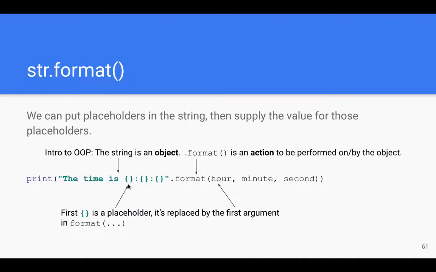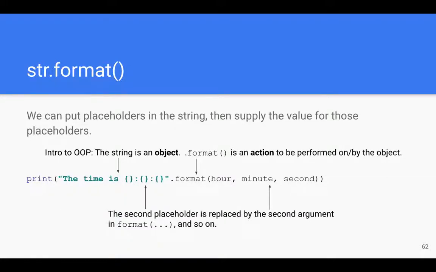Actually, the placeholder is replaced by the string version of the first argument. So you don't have to explicitly call str of hour. Just putting the hour here is fine. Python will automatically convert it to a string for you.